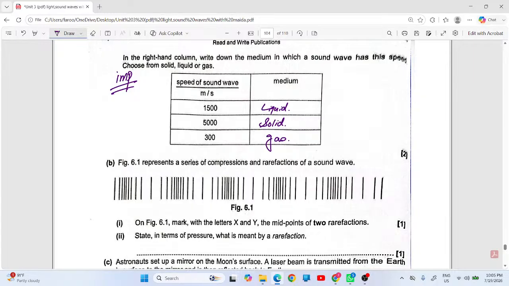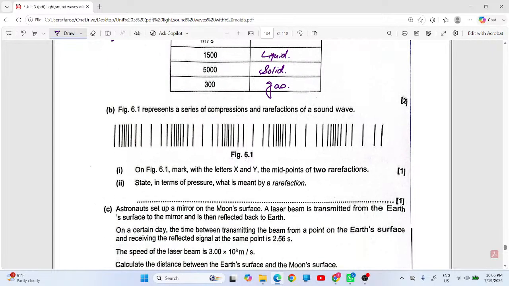Next, represent a series of compression and rarefaction of the sound wave. On figure 6.1, mark with letters X and Y the midpoints of the two rarefactions. So this is the first rarefaction. This one is the second rarefaction, not the compression. Next, state in terms of pressure, what is meant by rarefaction?